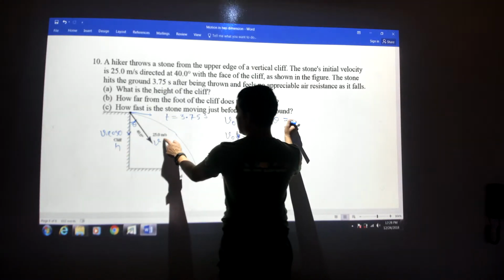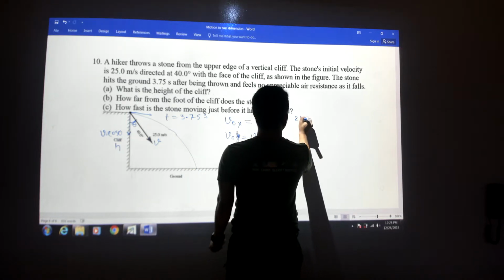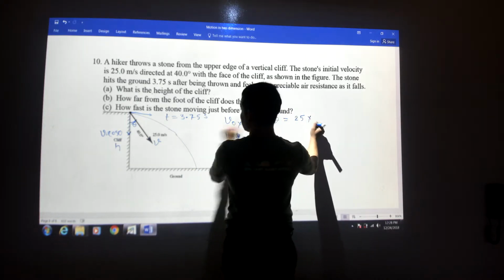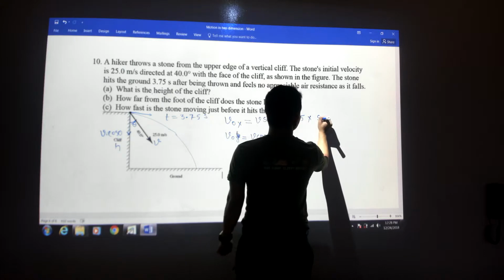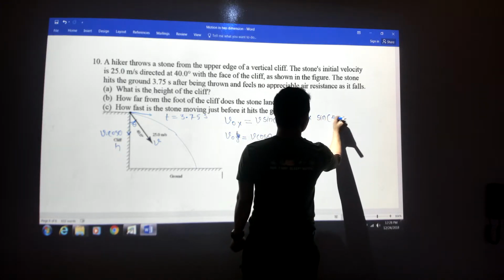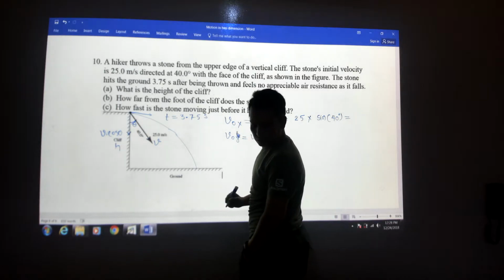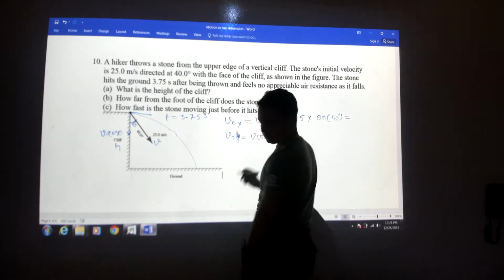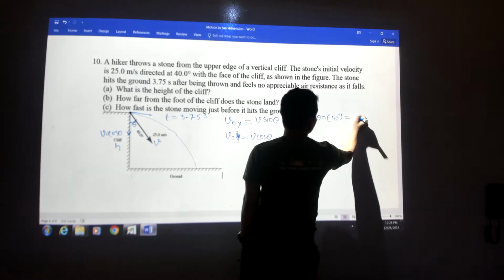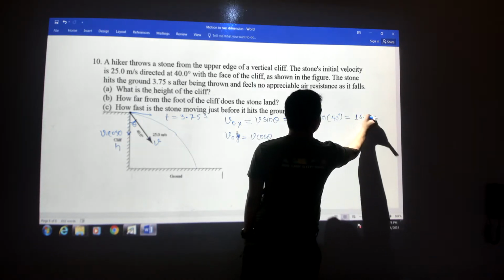So the velocity is 25. Cosine theta, the angle is 40 degrees, so 25 times cosine 40 degrees. When you solve this equation, it will be 16.1 meter per second.